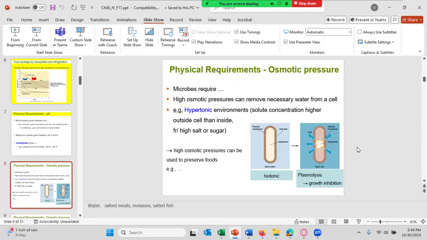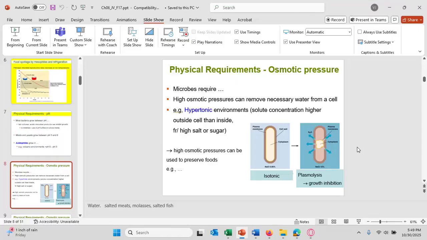A hypertonic environment is one with higher solute concentration outside the cell than inside the cell. That higher solute could be more salt or more sugar. It's usually one of these two.